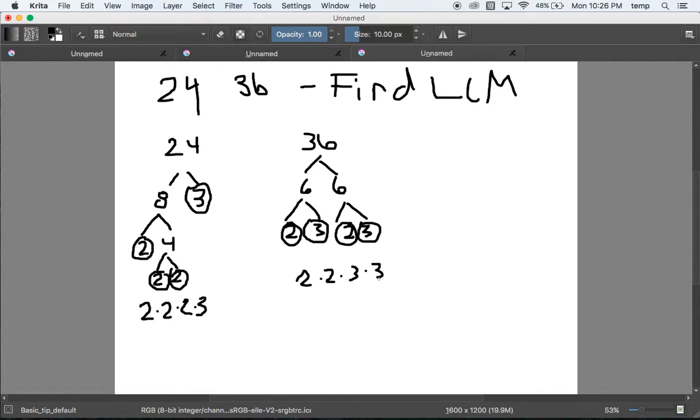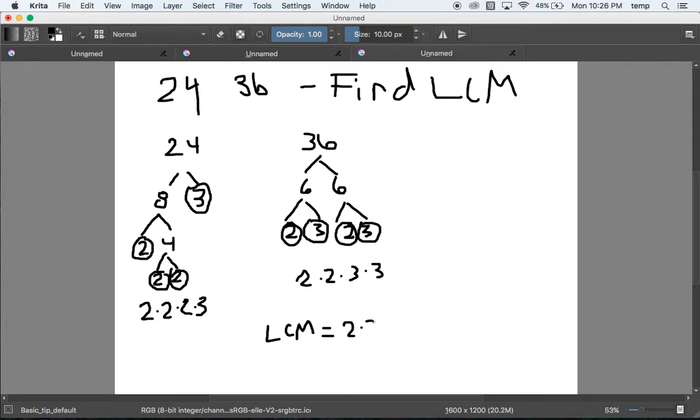And so to get our least common multiple, we look and see where these factors appear, and where they appear the most. So the factor 2 appears 3 times here, and it appears 2 times here. So for our least common multiple, we take where it appears the most, which is 3 times.